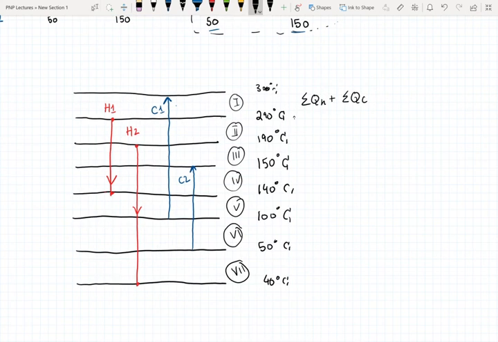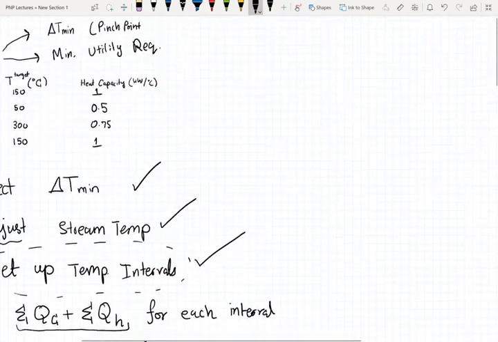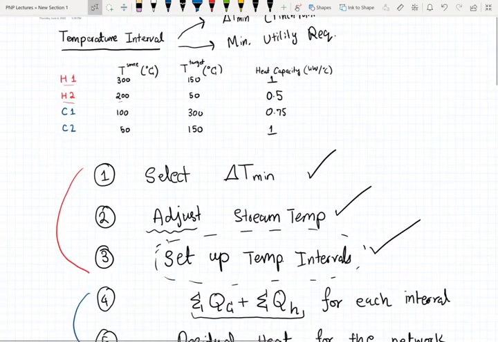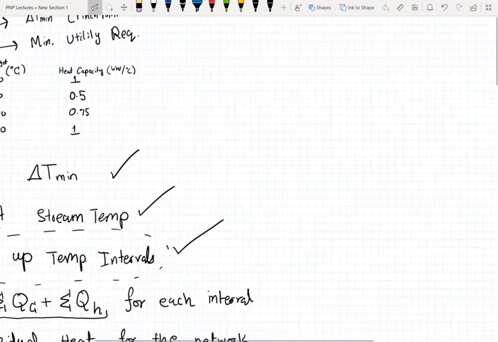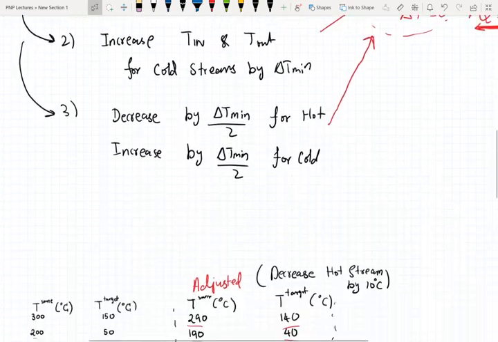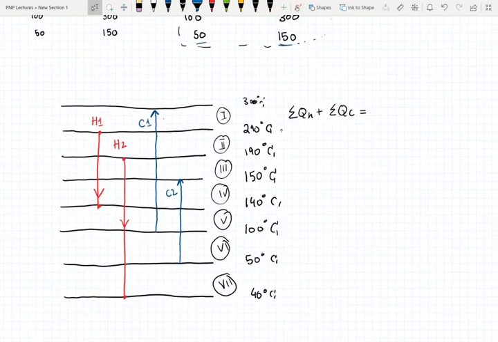Just to give you an example, for this first interval, it's just going to be the CP of the cold stream, which for our case was 0.75, times the difference in the temperature interval, which goes from 290 to 300.